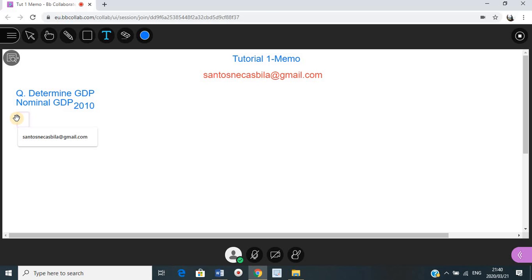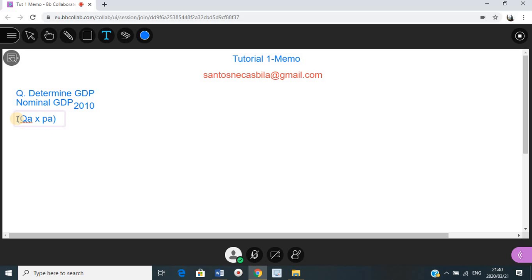Okay, in terms of the formula of how to calculate GDP, as I have already stressed, we are just going to say that it is the quantity of a certain product or good and services times its current price. So in terms of the formula, let's suppose that we have product A times the price of that product. If we have this, that is going to be your GDP.